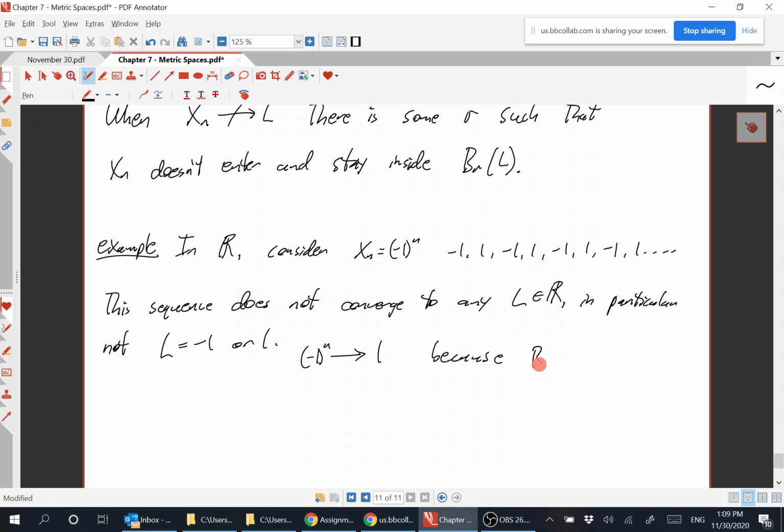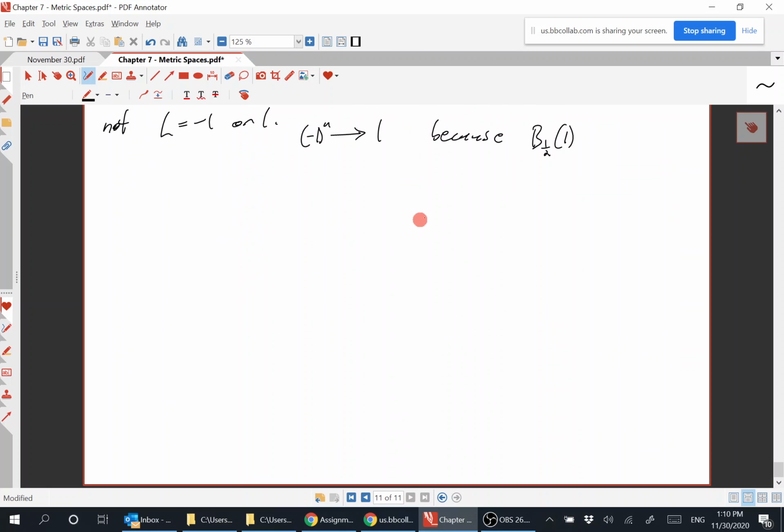Here's the ball of radius a half around 1. So here's 1, here's 1/2, and here's 3/2. So here's 1, and here's -1. The sequence keeps hopping back and forth. It goes in the ball, goes out, goes in, goes out. In other words, it never gets stuck inside there.